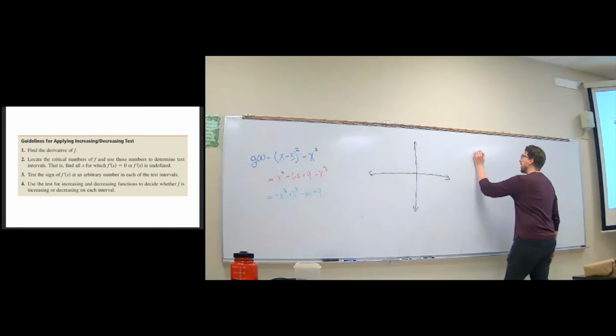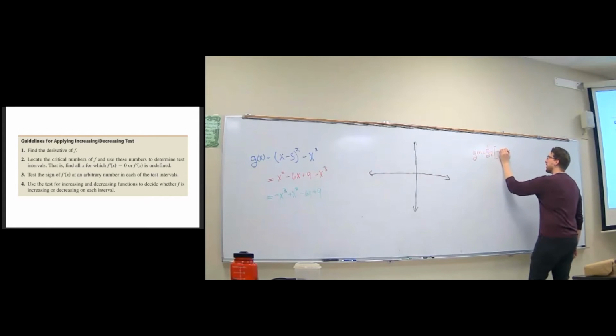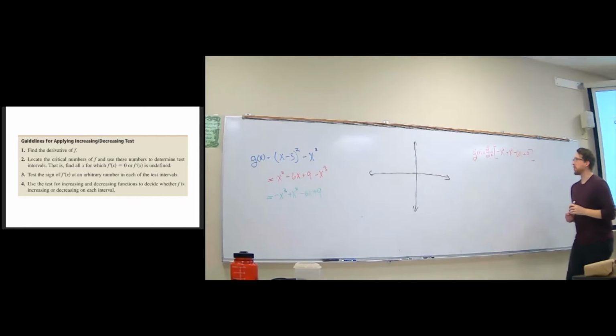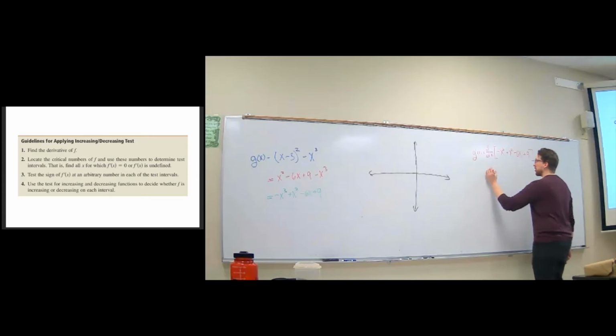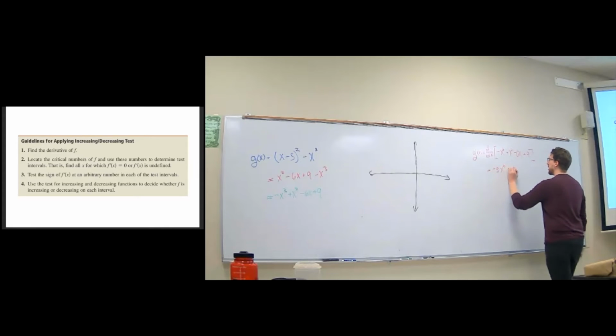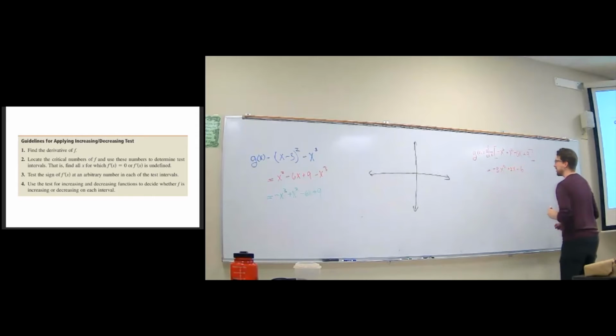G prime of x. So the derivative of negative x cubed plus x squared minus 6x plus 9 is equal to negative 3x squared plus 2x minus 6.